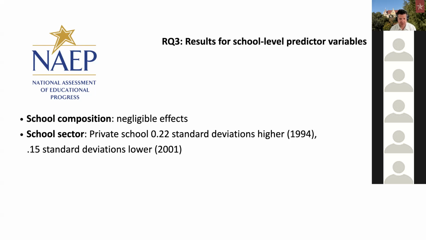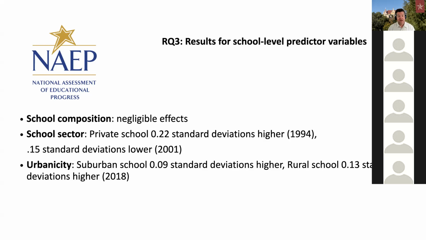Based on school sector, we only saw a couple of years. In 1994, private schools were predicted to score 0.22 standard deviations higher, but that reversed in 2001. After 2001, we didn't see a significant association on the basis of school sector. The first year we saw anything significant to report with regard to urbanicity was in 2018.